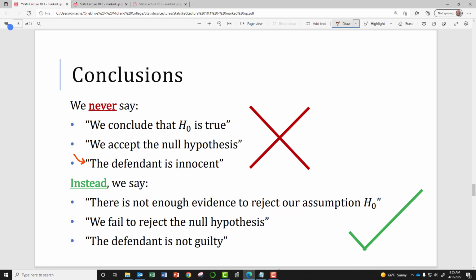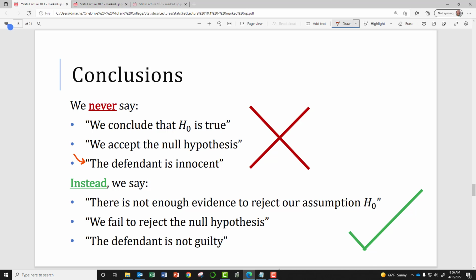But a ruling of not guilty is not the same as an innocent ruling. The jury is not concluding that the defendant is for sure an innocent person. The jury is only concluding that there wasn't enough evidence to conclude that the defendant was guilty. So we never say the defendant is innocent, for example.